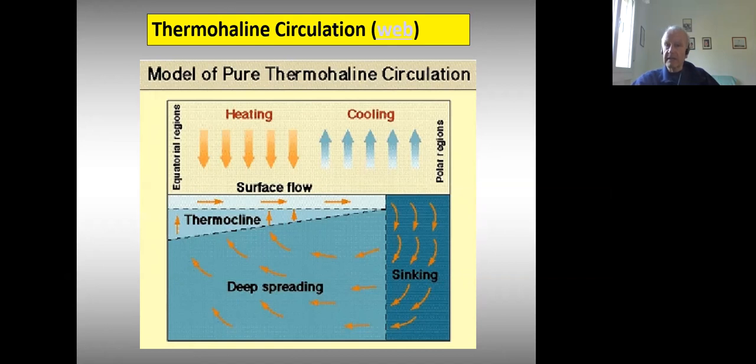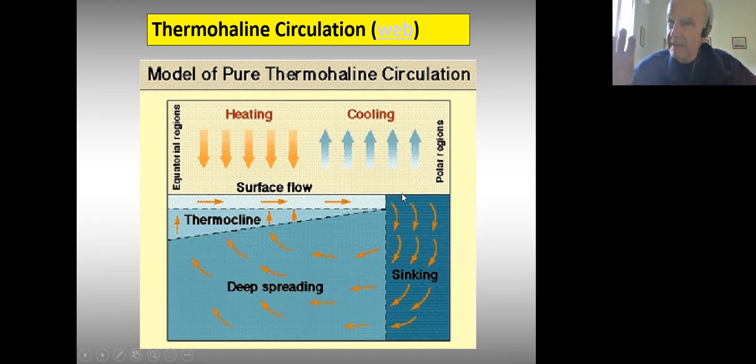As a result of the cooling in the polar areas, what is happening? Cooling in the polar area means that in the surface layer, the seawater becomes colder and colder. By becoming colder and colder, its density increases. The surface water becomes heavier than deeper water, and therefore the surface layer water sinks down.